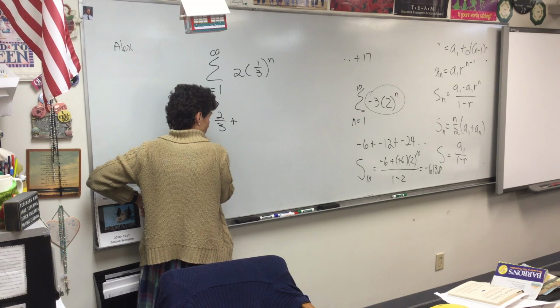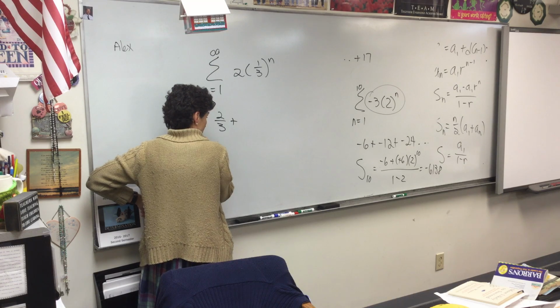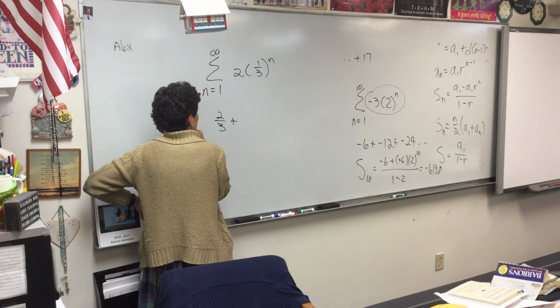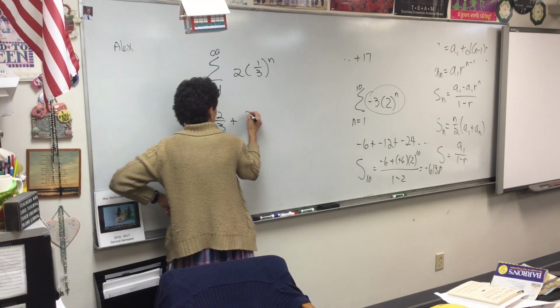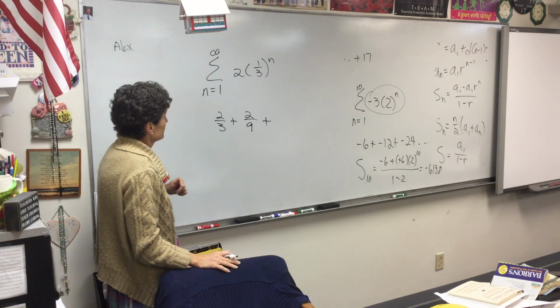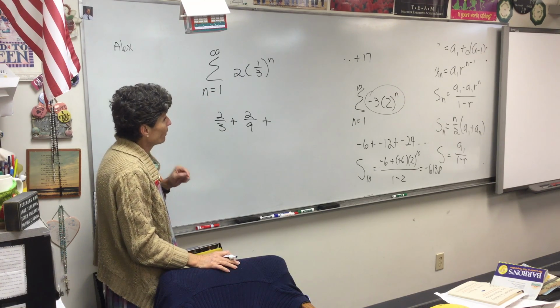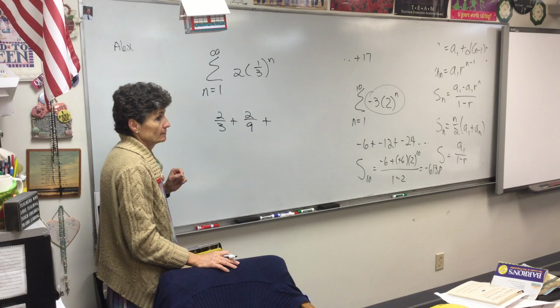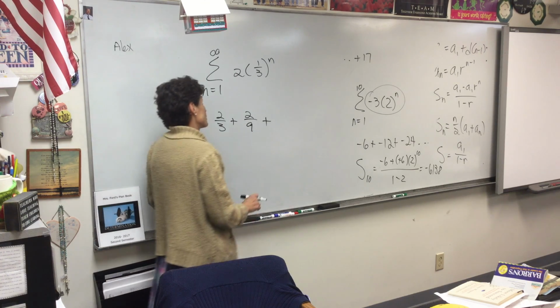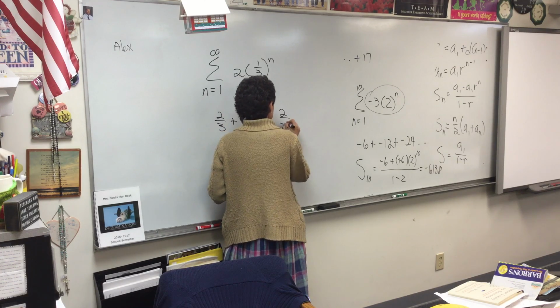No, 1/3 squared. 1/3 times 1/3. 1/9 times 2. 2/9. All right, let's do one more. 1/3 cubed. So 1/27. 1/27 times 2. 2/27.